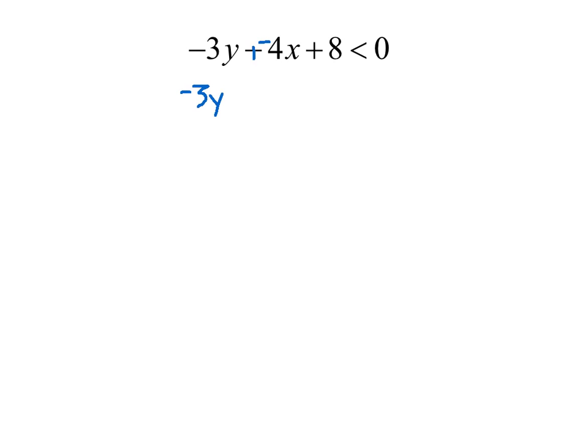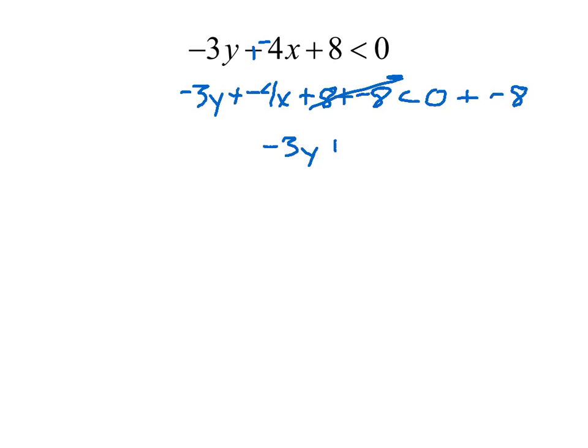So negative 3y plus negative 4x plus 8 plus negative 8. Keep my inequality symbol going the same way, 0 plus negative 8. Next, it's going to leave me with negative 3y plus negative 4x is less than negative 8. So now it's in standard form.